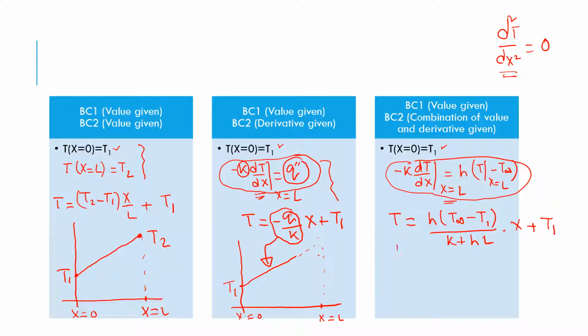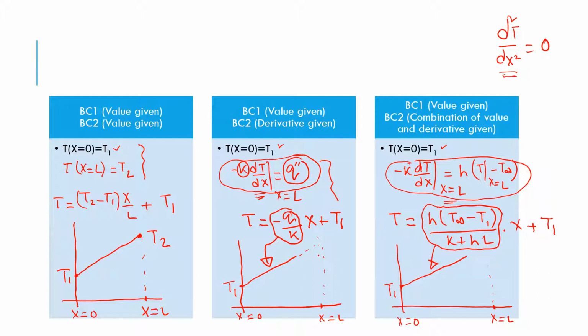If we plot this one again, at x equal to 0, it's T1, and at x equal to L, whatever value we can figure out from the equation, but the solution is given by this slope. So we have a point here and the slope, so that gives me the solution.